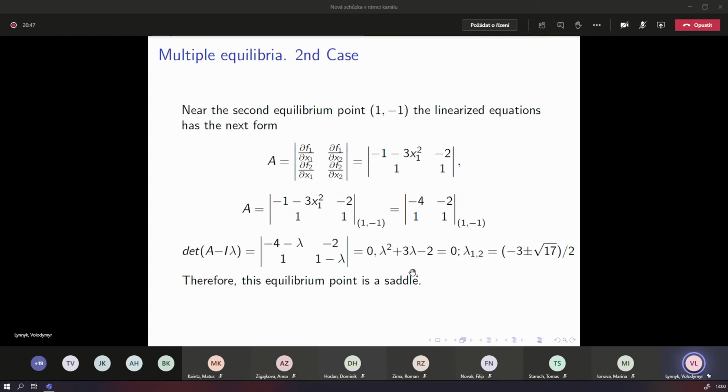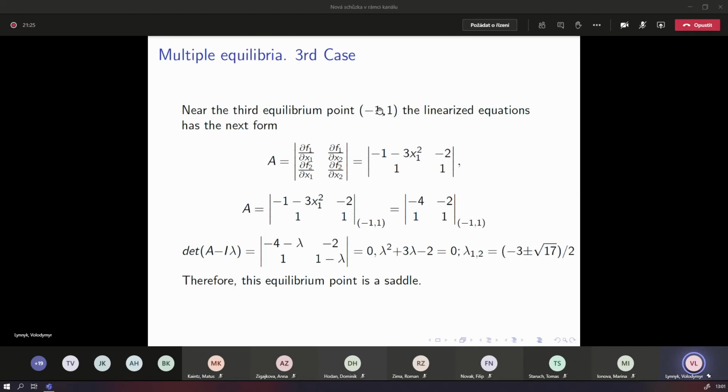We solve this characteristic equation and find that lambda 1,2 equal to minus 3 plus minus square root of 17, divided by 2. In the first case it's a positive number, and for the second it's negative. Therefore this equilibrium point is a saddle point, unstable, one positive and one negative.